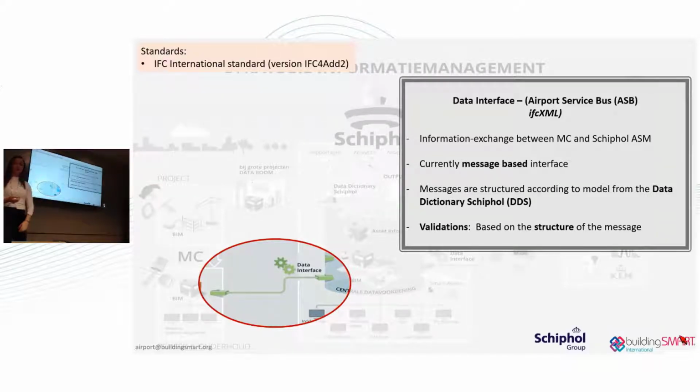So there's also a lot of validations that are done in this data exchange. Again, the standards that we have used to do this is the IFC standard, IFC 4 ADD2, but important to mention because we're all here for open standards and we want to include our open standards as much as possible within our data information environment.